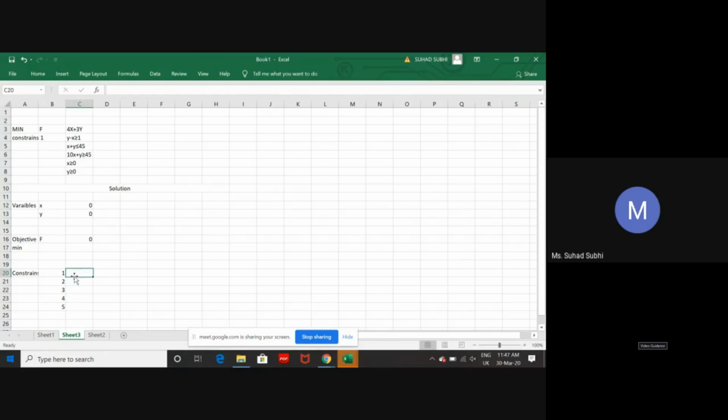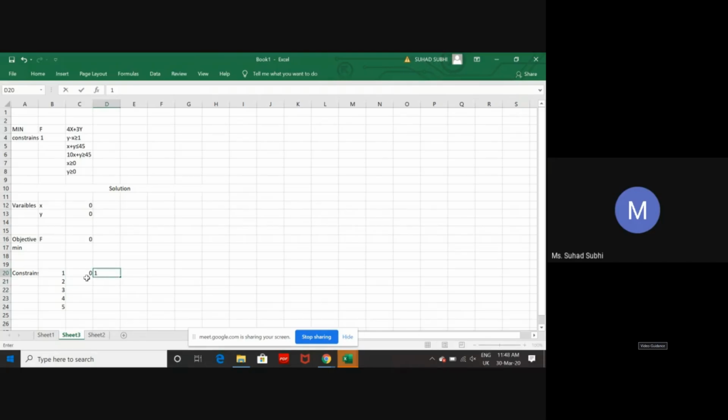The left side is inserted as a complete equation: equals negative 1 multiplied by x plus y. Enter. The other side, the constant, should be 1.